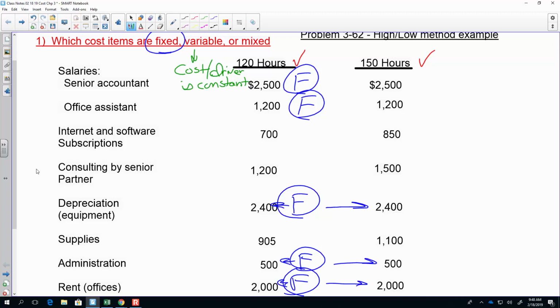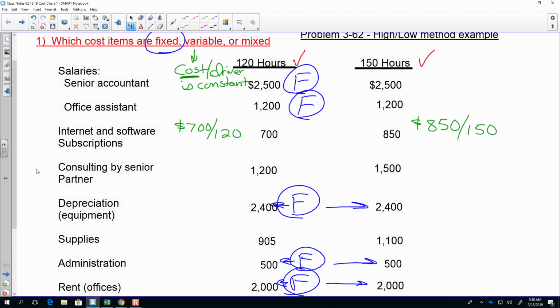When my cost per unit or driver is the same. So what we'll need to do for this cost per unit or per driver is take the cost on top and divide it by the corresponding level of activity, the driver amount. If that cost per driver amount is the same, I know it's variable then, right?